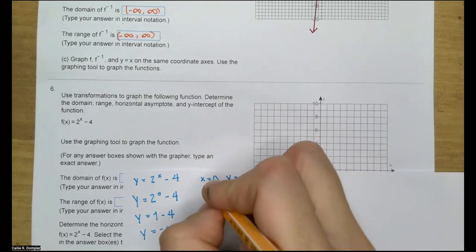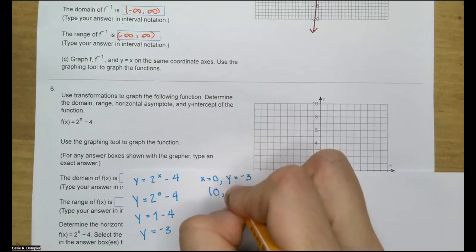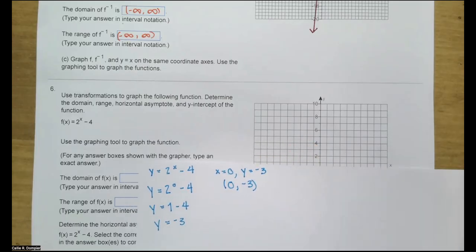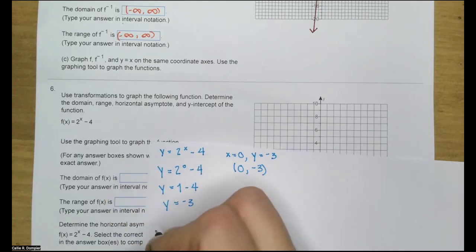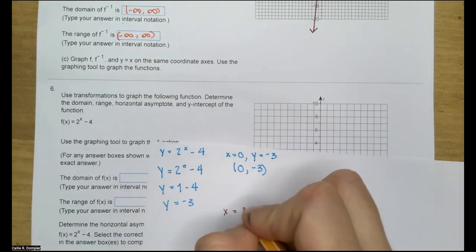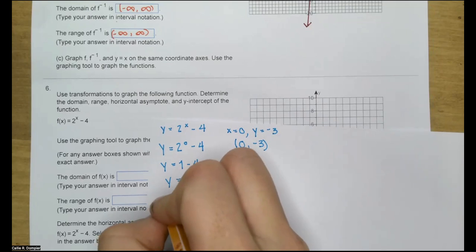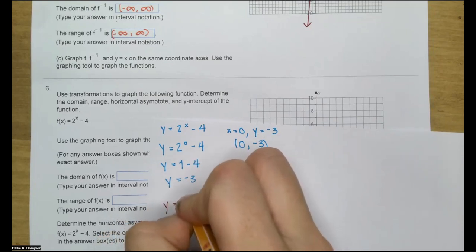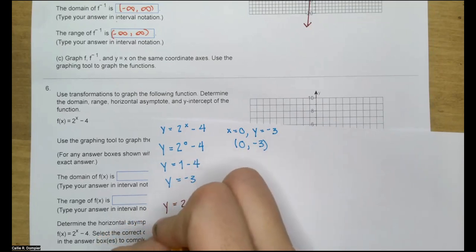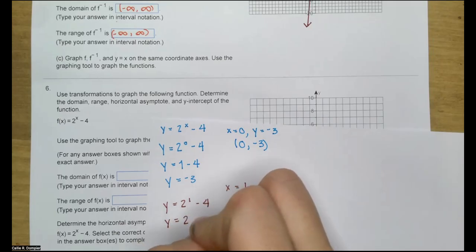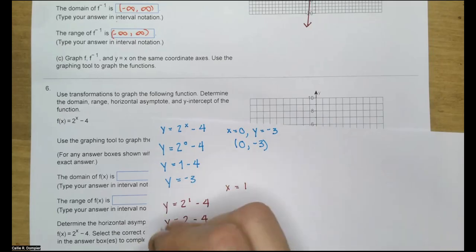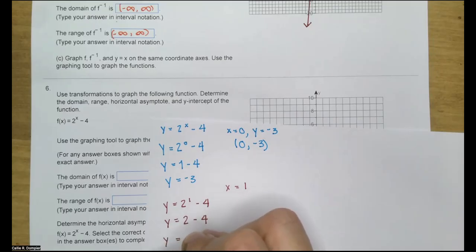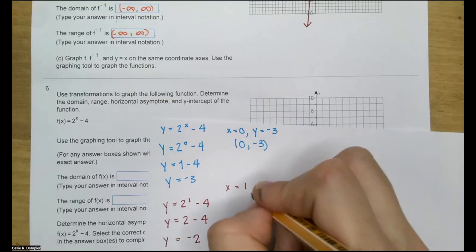So that'll be the point (0, -3). We can then do it with the number 1, right? When x is equal to 1, y equals 2 to the power of 1 minus 4. 2 to the power of 1 is 2, minus 4 is -2.